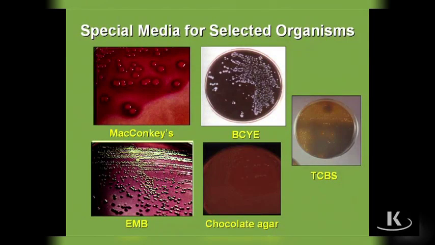All right, go up to the top, BCYE. This is buffered charcoal yeast extract. And BCYE grows organisms like Legionella, for example. So if you have a case where you have kind of an atypical pneumonia, and they tell you that the organism didn't grow on McConkeys, for example, but it grew on buffered charcoal yeast, you know that it's Legionella.